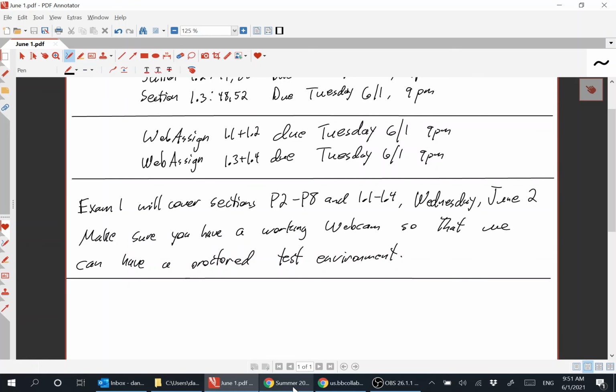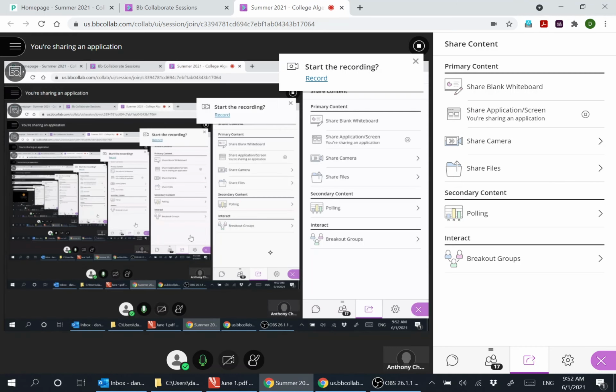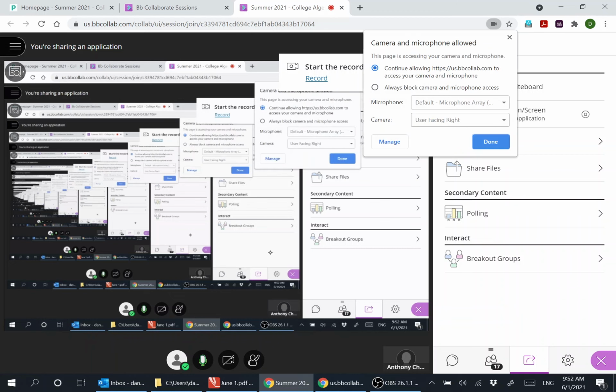There's a couple different things you need to do for that. So if you see down here, this is where you turn on your camera, right here with this button. I can't do it while I'm sharing my screen, but you turn it on there. If it doesn't work here, then go up to your browser bar here.